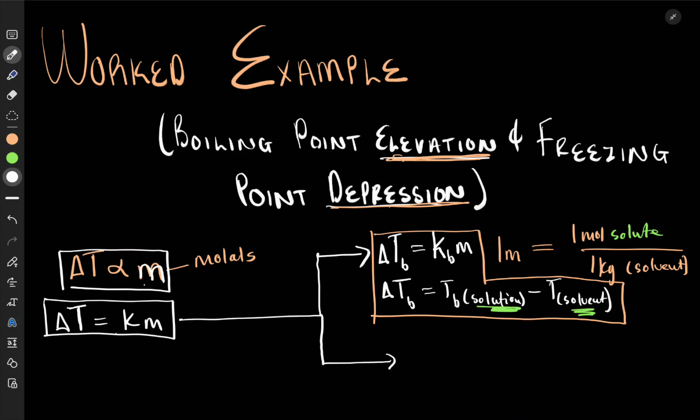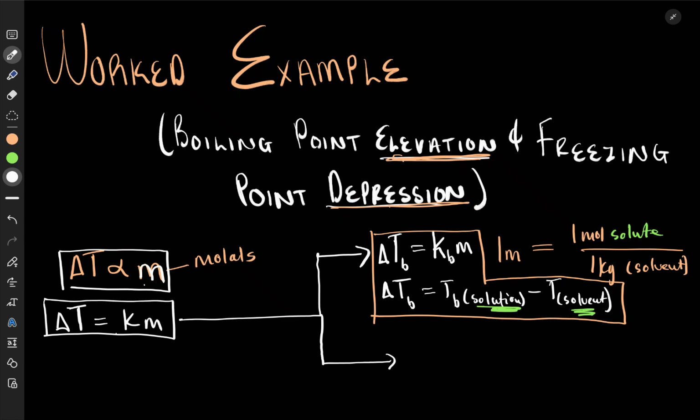It's common sense. We're saying we are increasing the boiling point of water. So if we want to know how much we have increased, we take the boiling point of water with salt and subtract the boiling point of water without salt.